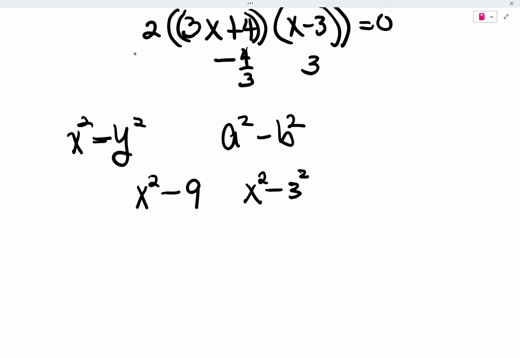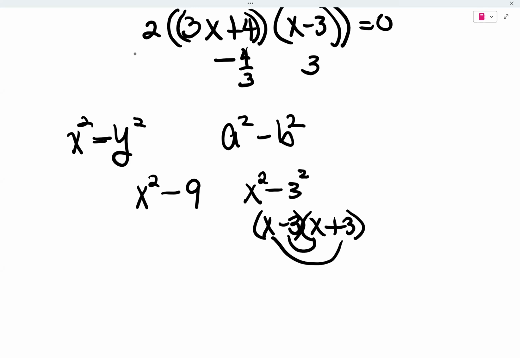Do you remember that? If you think about it, this is really a sum difference where you have x minus 3 times x plus 3. And if you notice, the middle terms cancel because you have negative 3x and positive 3x.